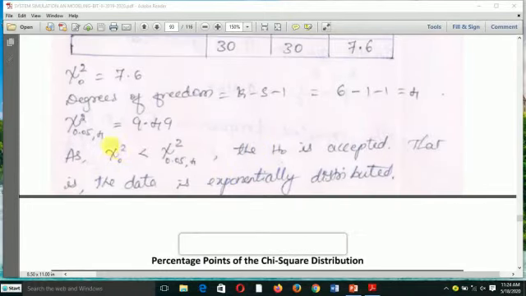The value we calculated is less than the value in the table. So as it is less, it means that our data x follows the exponential distribution. So H0 is accepted. It means that the data is exponentially distributed.